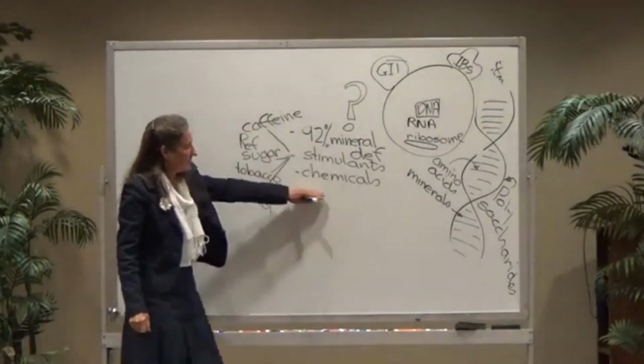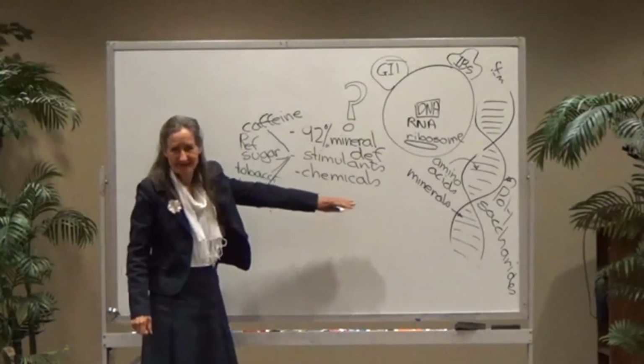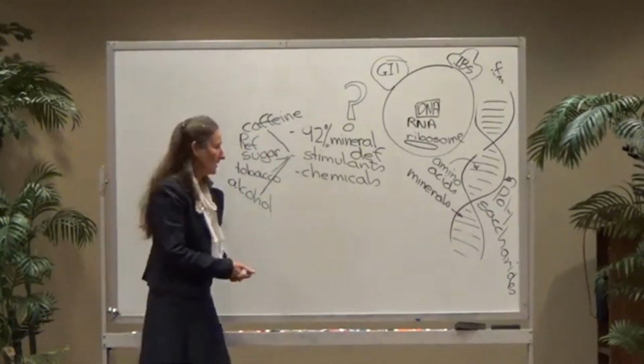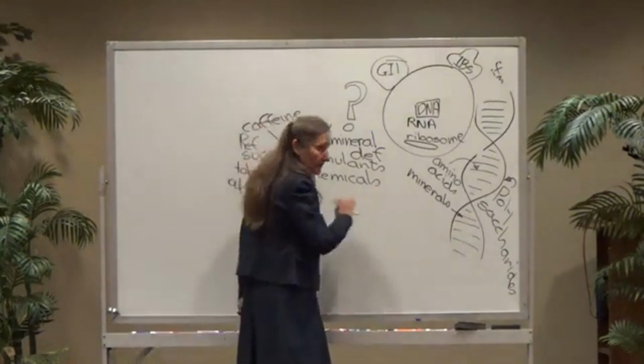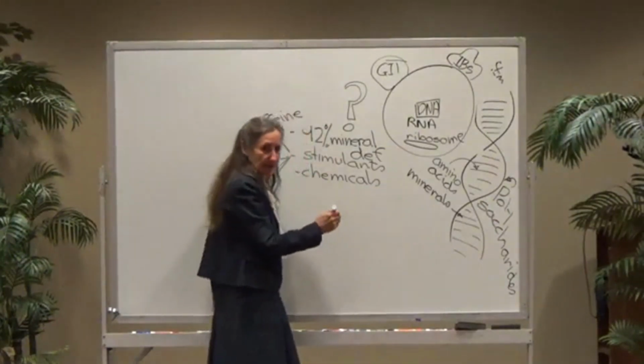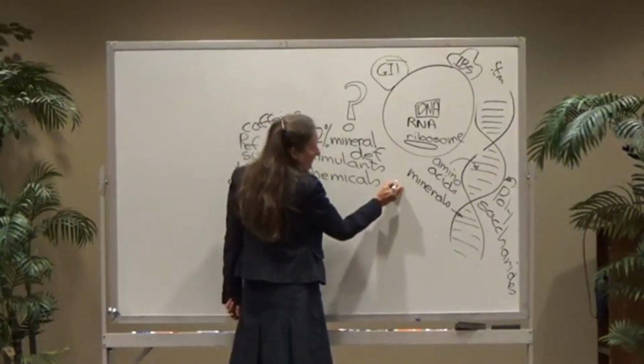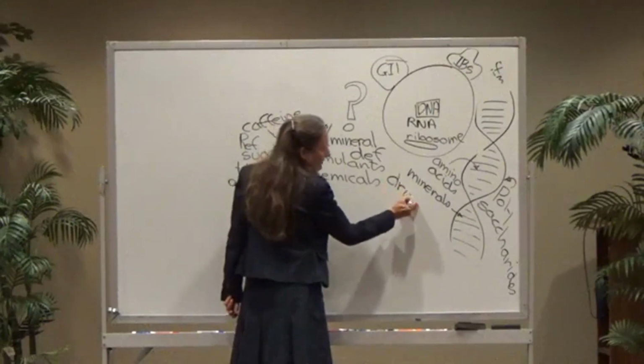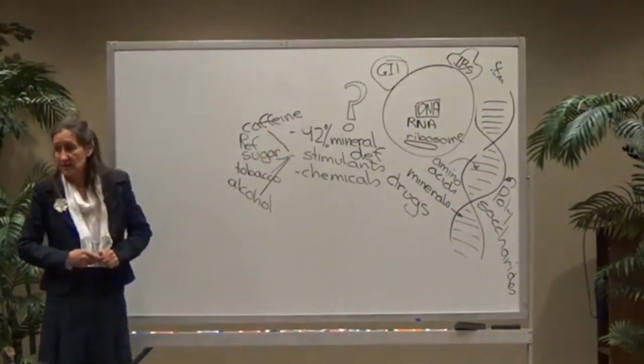So please, seriously, the biggest chemical company in the world, you know what it's named? It's the pharmaceutical company. That's what drugs are. Drugs are chemicals. There are some drugs that can be stopped immediately.